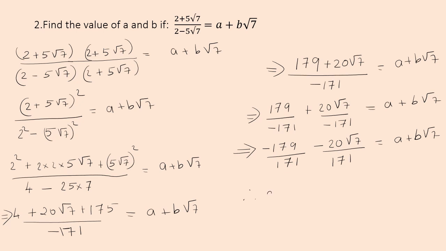Therefore, a equal to minus 179 upon 171 and b, that is along with root 7, that is minus 20 upon 171. So you are getting the values of a and b as a is minus 179 upon 171 and b as minus 20 upon 171.